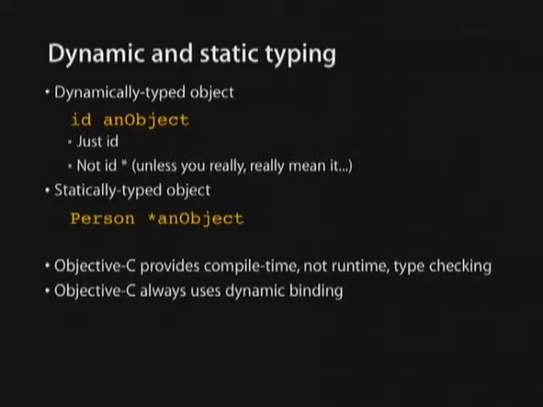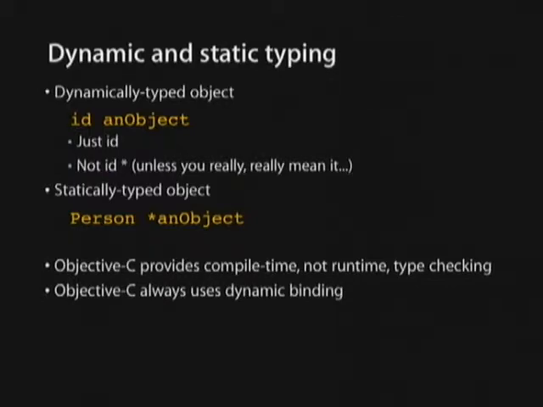But if you're loosely typing, you just use ID, no star, and it's a placeholder for an object. It's up to you in your implementation to do the right thing with that object, or else you'd be operating on the wrong thing. But again, you have that flexibility. Then there's the statically typed object, which is kind of the standard: the name of the class followed by a star, and then your variable name to represent that object.